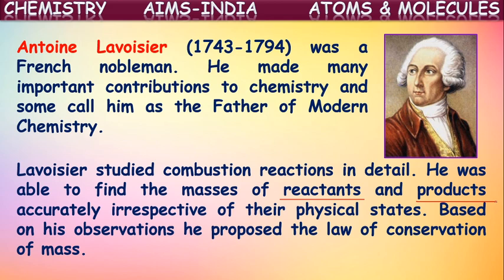So finally, rust is formed. That rust comes under the product. So the chemical substance which is formed in the reaction is called the product, and the substances which are participating in the reaction are called reactants. So he studied the masses of these reactants and products carefully, and he found out the masses of those substances accurately irrespective of their physical states.